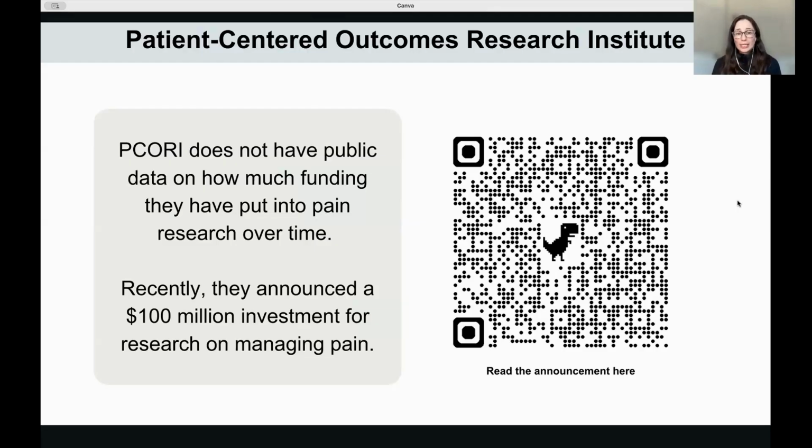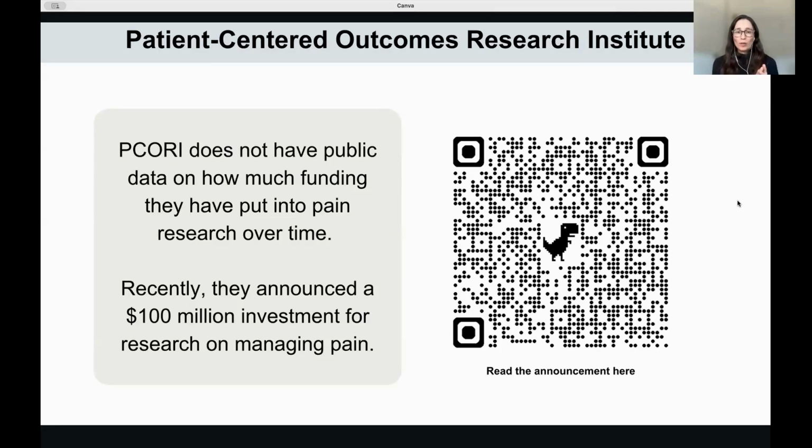But what they did recently, so this is for 2025, is they actually announced that they're investing $100 million for research on managing pain. And something that is really unique about PCORI is that their kind of research is one that really makes sure people with lived experience are not just going through a research study, but they're actually partners in coming up with a research study.